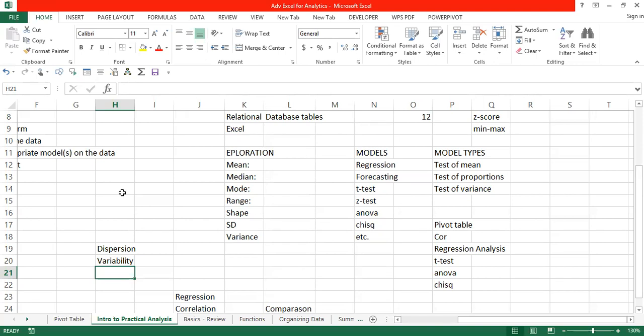While these ones are called measures of centrality, or measures of central tendency. Variability, dispersion. Okay.